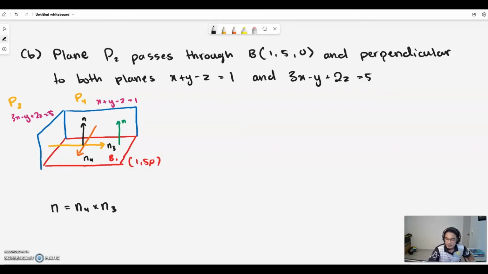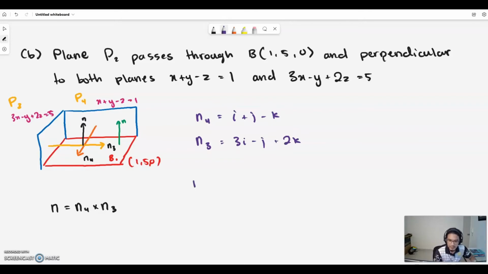So we have to extract the vectors n4 and n3 from the given equations. We have n4 equal to, extracting the values from the equation, i plus j minus k, and then n3 equal to 3i minus j plus 2k.